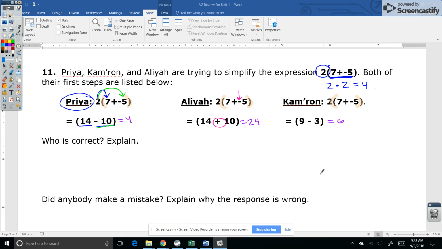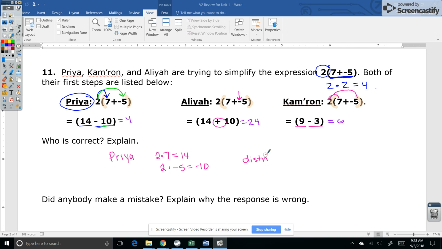So there's our issue. Cameron, he did 2 plus 7 is 9, and 2 minus 5 is negative 3. So Priya, we would say, is correct because she used distributive property correctly. She did 2 times 7 equals 14, and she did 2 times negative 5 is negative 10.